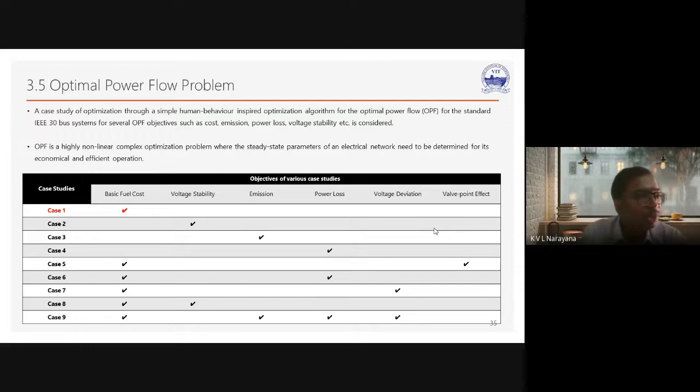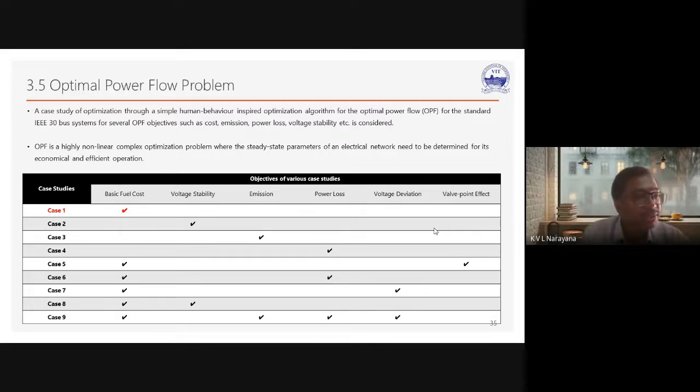So in the optimal power flow, optimization is tackled in 9 cases, you can see here. The 9 different cases are provided in this slide. Cases 1 to 4 deal with single objectives, and the rest of them are multi-objective cases, dealt with as single objective cases through a weighted factor method, right?